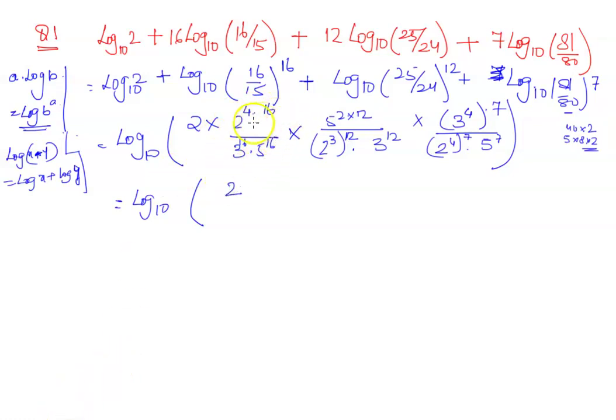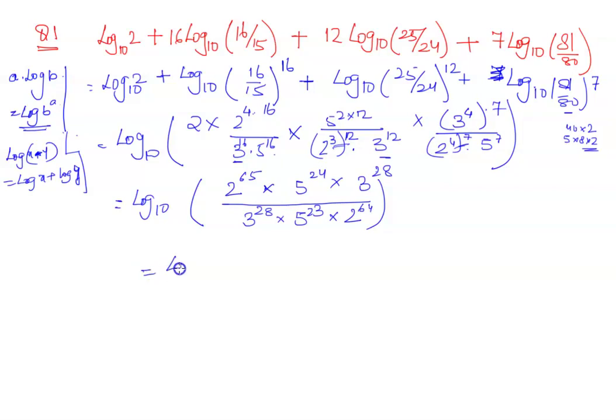So that will make 2 to the 64 plus 16, multiplied by this 5, 12 to the 24, multiplied by 3 raised to the power of 28, by 3 raised to the power of 16 plus 12, 28. 5 and 5, so 16 plus 7, which is 23, 2 raised to the power of 12 to the 36, 36 plus 28, which will make it 64. So that is log 10.